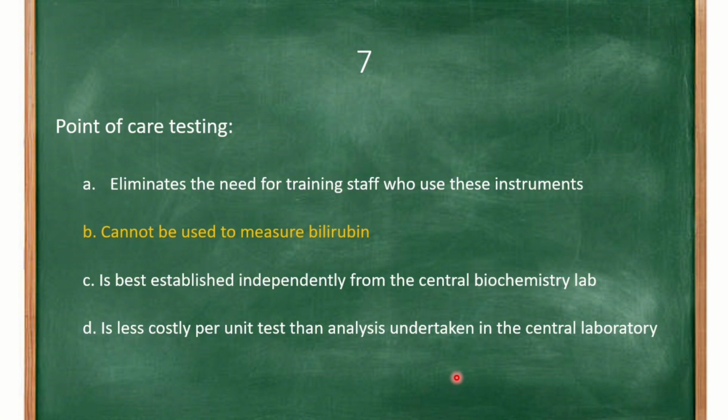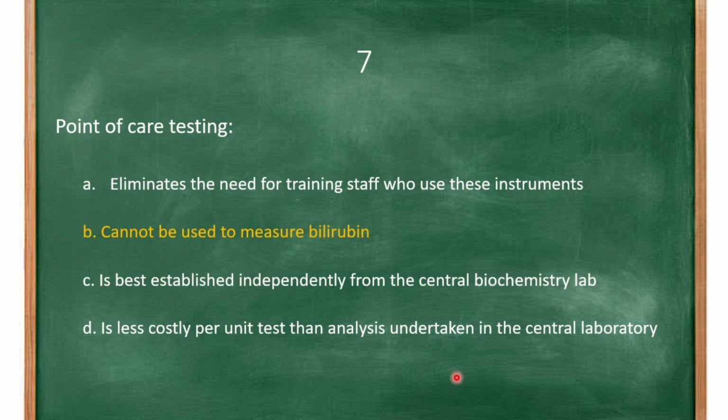Then option D says that it's less costly per unit test than analysis undertaken in the central lab. That's also false, because for a point of care testing device, you are doing the test once in a while, so you realize that it's more costly than the same lab being done in the central lab, where there are large numbers, and that actually brings down the cost per unit.